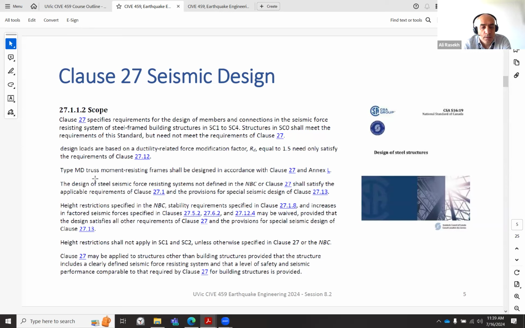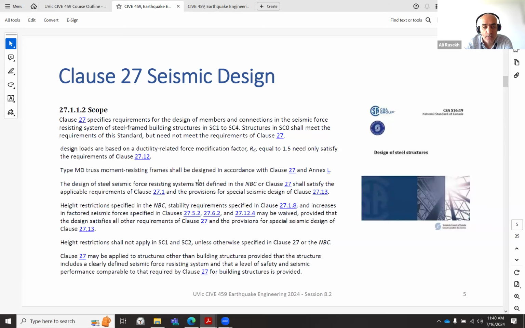Some comment about truss moment resisting frames with medium ductility, and a comment about the design of steel seismic force resisting systems which are not in the National Building Code of Canada: this Clause 27 shall satisfy the applicable requirements of 27.1 and the provisions for special seismic design of 27.13.